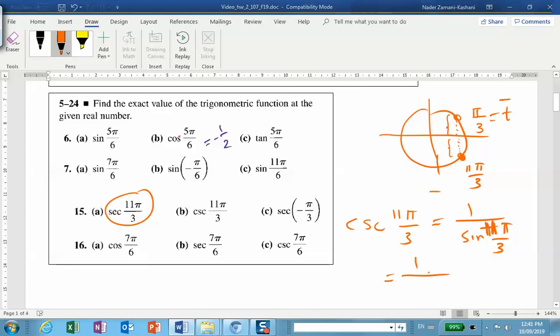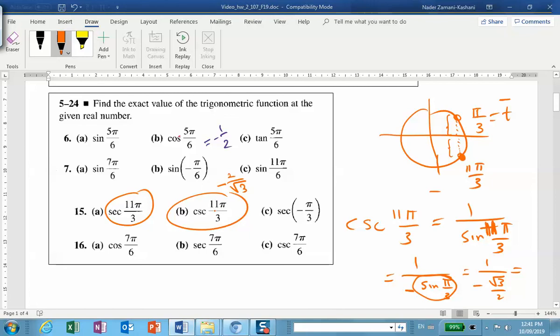So it's going to be 1 over minus sine of the reference number, which was pi over 3. So this is going to be 1 over minus. Now you have to know what this thing is, and that's root 3 over 2. So the whole answer has come out to be minus 2 over root 3.